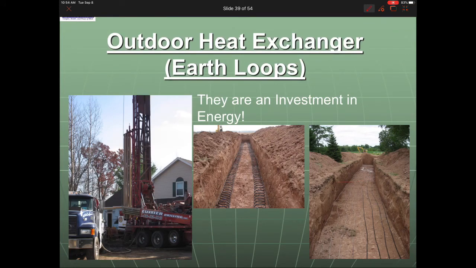So this first one is an example of a trench system, and what we're showing, obviously, on the far left side, is our earth, where the heat source is. That is what you're paying for. On the far left side, they're showing a well drilling rig. In the middle and on the far right, we're showing two different loops.